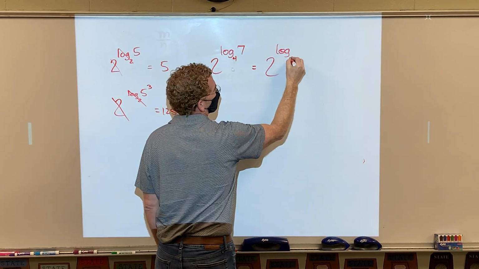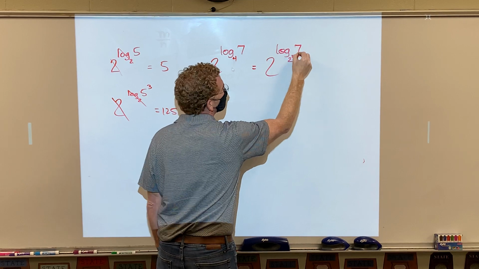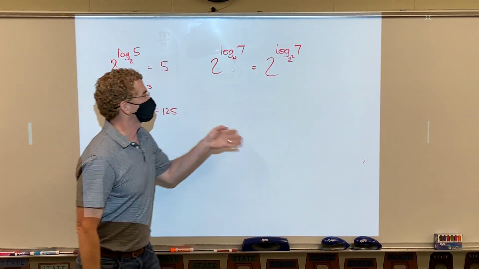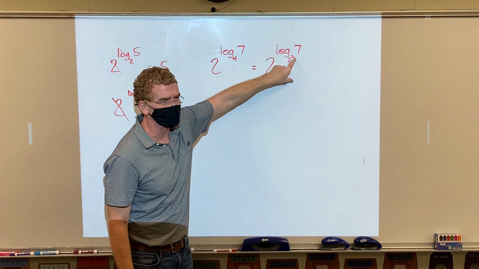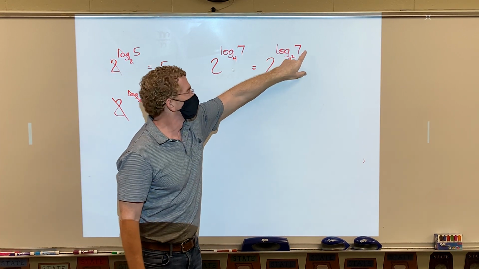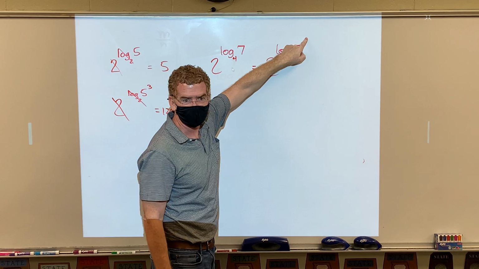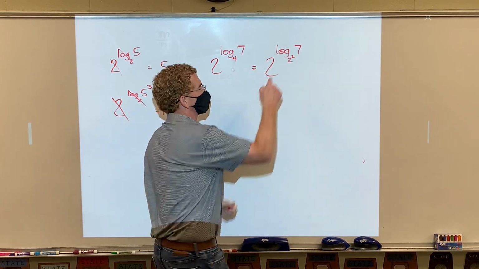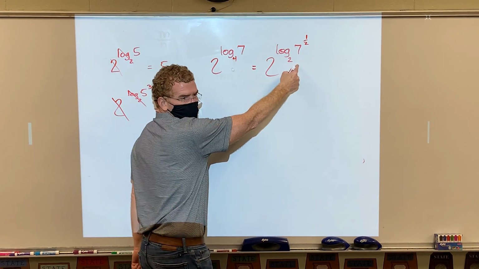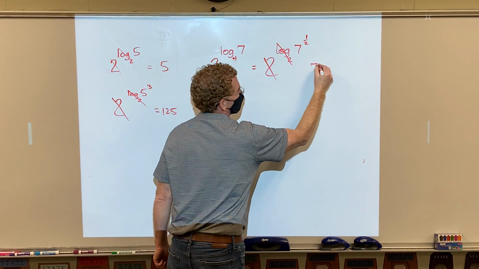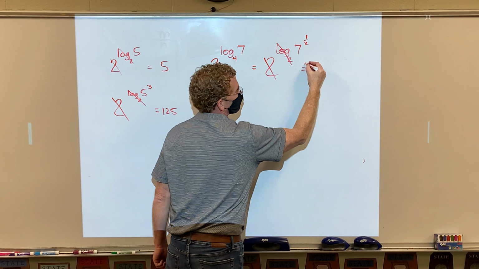Change it to a log base 2 squared of 7. Now, can I cancel them now? No, that 2's still there, right? What can I do with that 2 though? Change it to a 1/2 up here, based on what we had earlier. So a 2 down there becomes a 1/2. Now they match. 7 to the 1/2, which is the square root of 7.